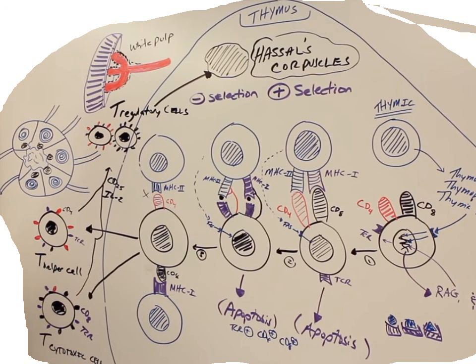When the T lymphocytes show only the CD4 on their plasma lemma with the TCR, we say these cells are the T helper cells. और अगर the T lymphocytes show the CD8 with the TCR on the plasma lemma, we say they are the effector cells or the cytotoxic cells. When they get this education, they leave into the blood and they go to the secondary lymphoid organs where they participate in the defense mechanism of our body.